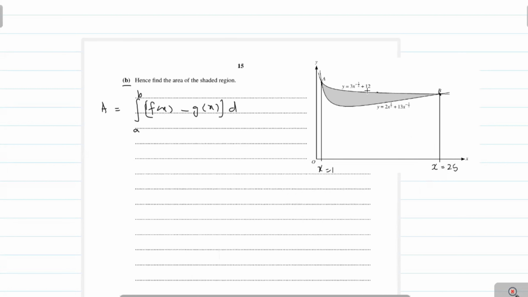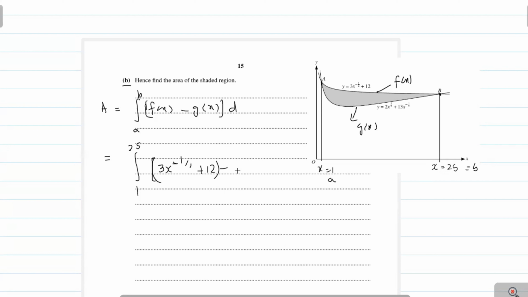Suppose this is the first curve, f of x, and this is the second curve, g of x, and a is x equal to 1 and b is equal to 25. We can write the equation here. A is 1, b is 25, and f of x here is 3x power minus 1 over 2 plus 12 minus g of x.